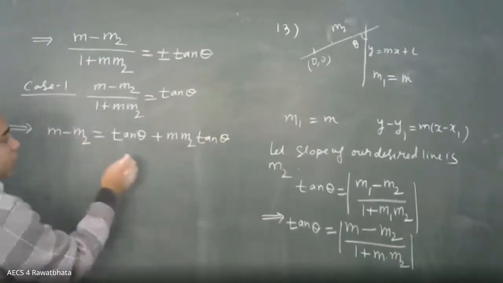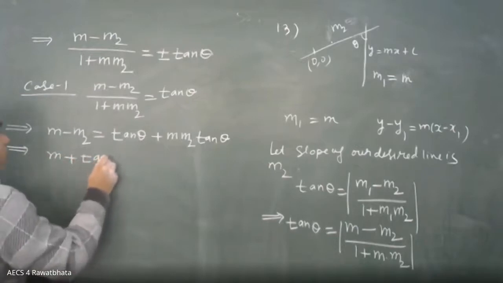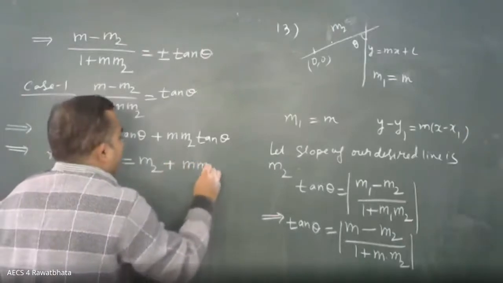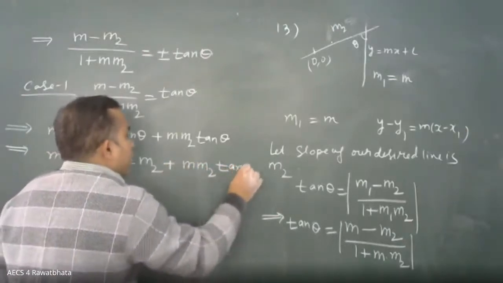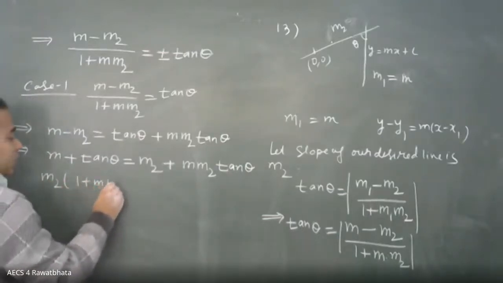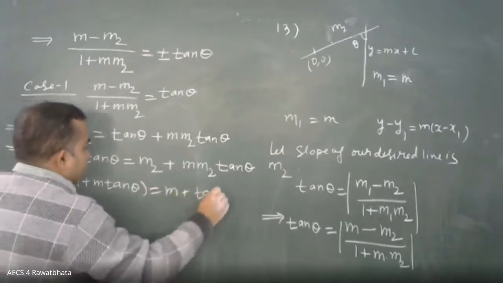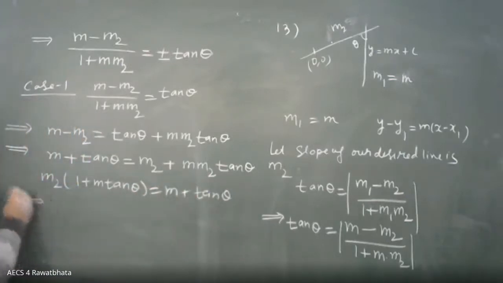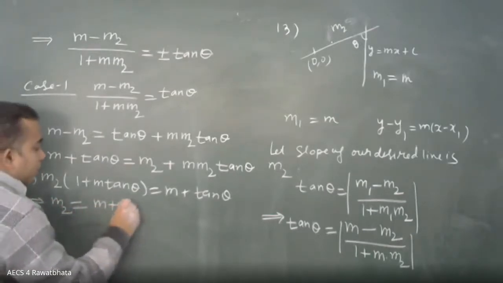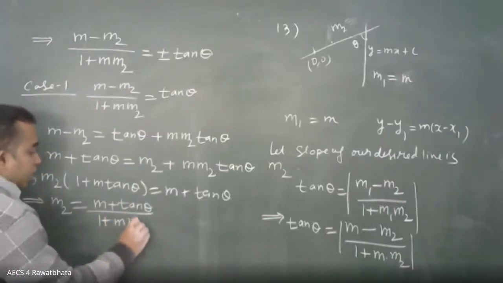Let us take m2 terms together. So m minus tan theta is equal to m2 plus m m2 tan theta. m2 common, 1 plus m tan theta is equal to m minus tan theta, which means m2 is equal to m minus tan theta upon 1 plus m tan theta.